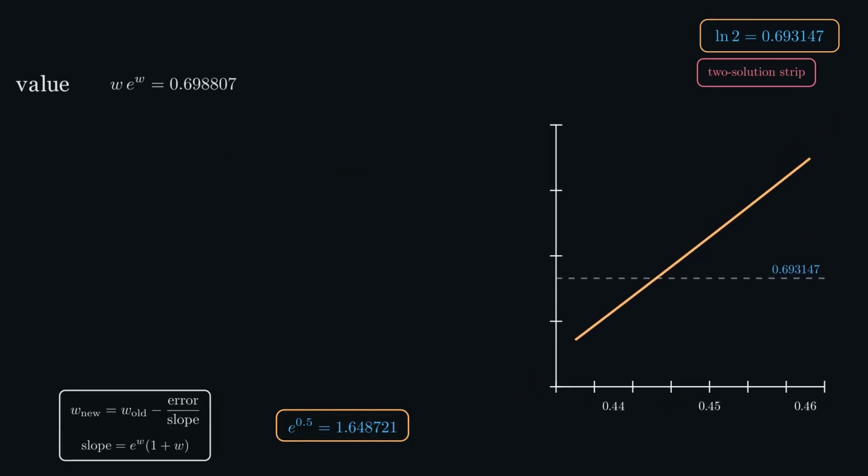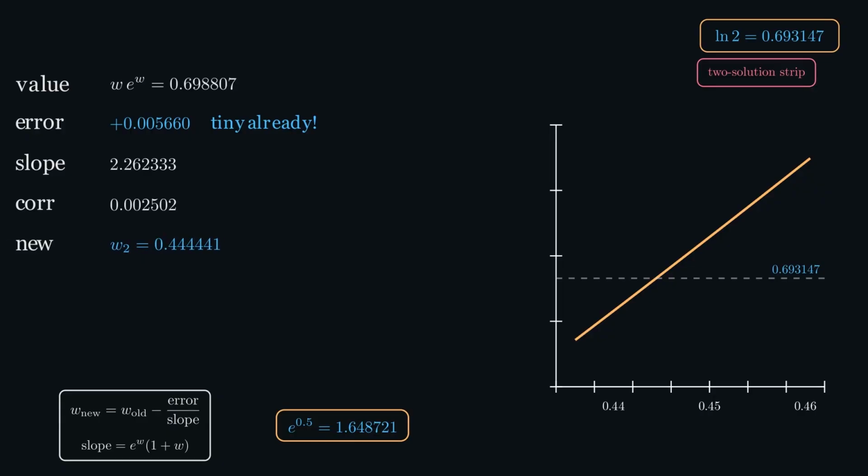Then, value 0.698807. Error plus 0.005660. Tiny already. Slope 2.262333. Correction 0.002502. New guess 0.444441.